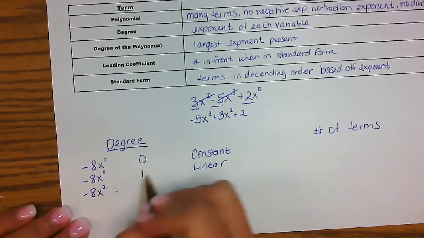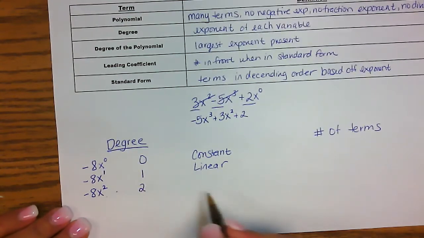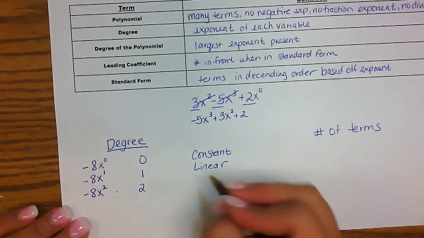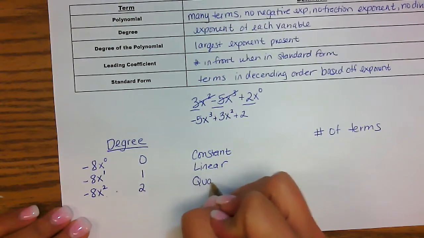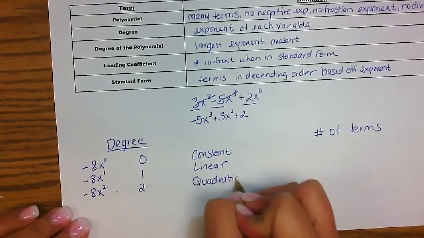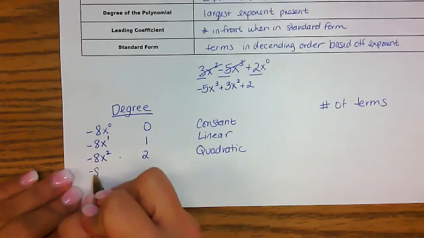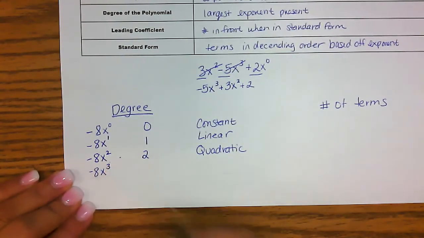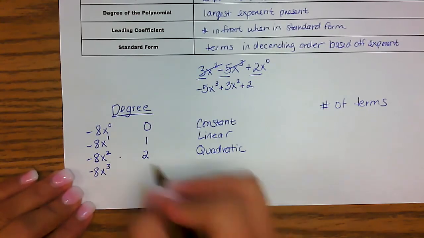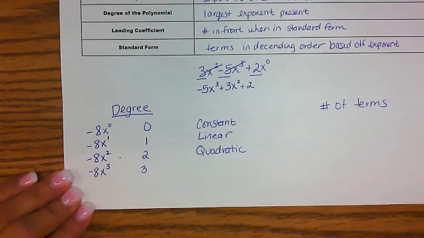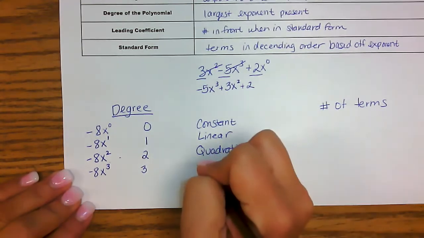This would be degree 2. And the word that corresponds with that classification is quadratic. And then lastly, let's add another x. So we have x to the 3rd power. That would be degree 3. And the word that corresponds with that would be cubic.